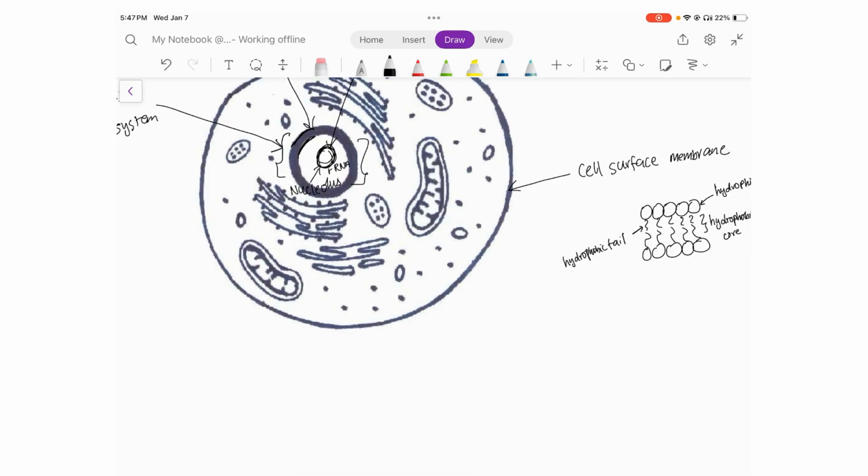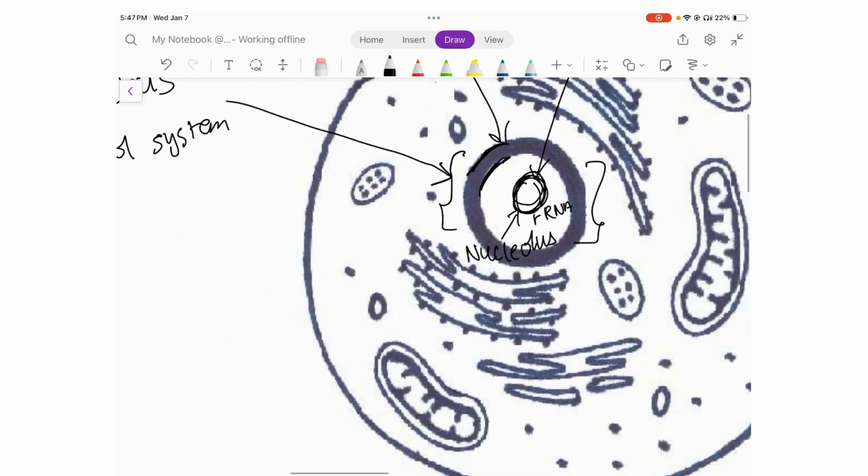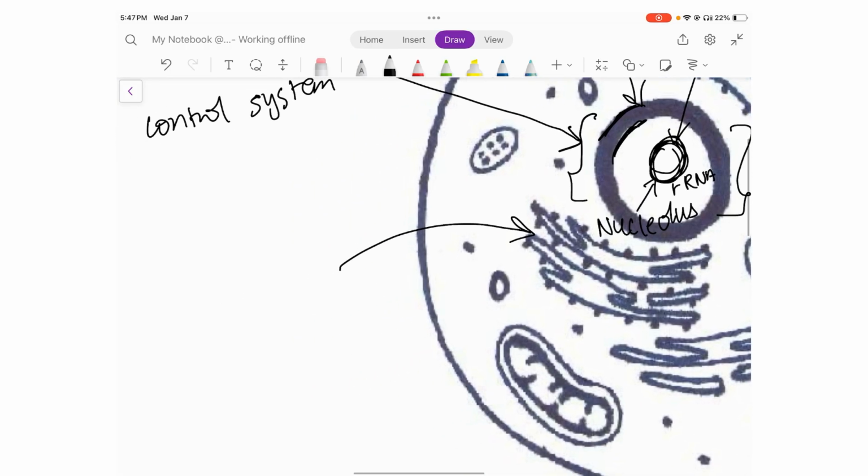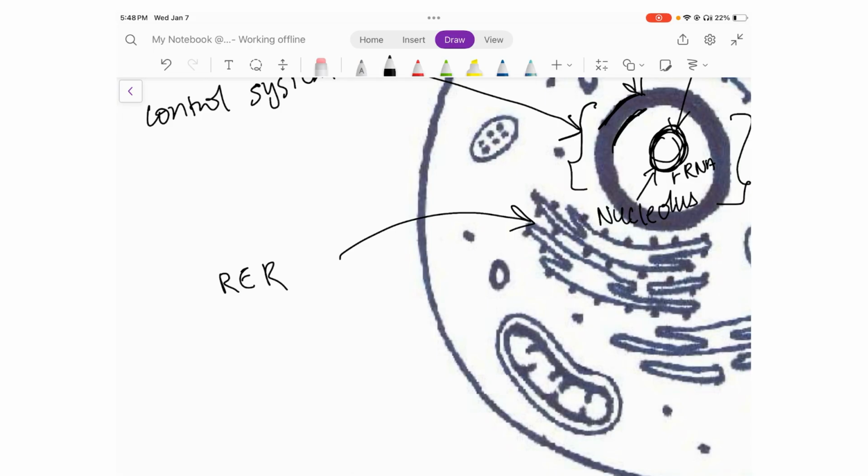The next organelle that we will be looking into is the rough endoplasmic reticulum, which is this structure right here. I will be abbreviating it to RER, but the examination will not accept RER. You have to write the full name, rough endoplasmic reticulum. The surface is covered in ribosomes.